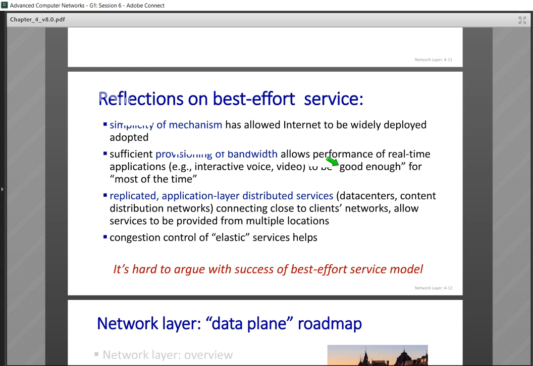I can receive the services from different locations. Okay.